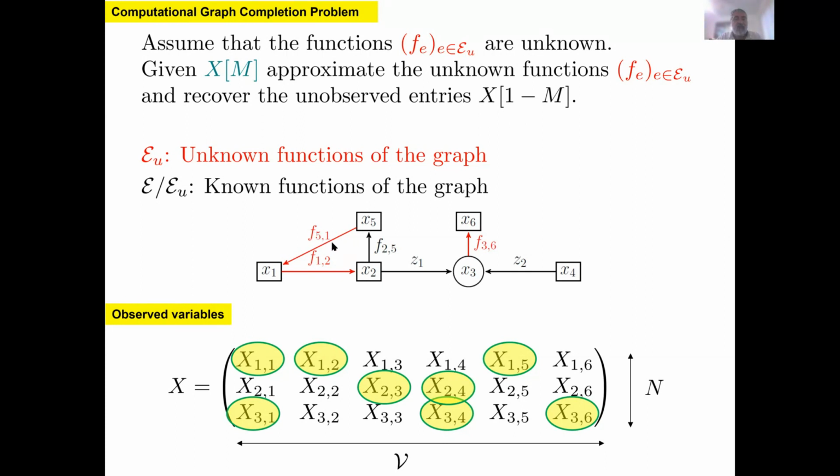And our solution will be to replace the unknown functions by Gaussian processes and compute their MAP or empirical Bayes estimator given the data.